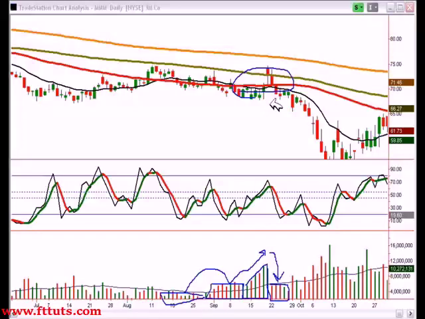And this is part of the reason why, is that there's no question in my mind that this volume increasing here would tell a lot of people, and including us, that, hey, we might break out to the upside here and get something going to the long side. That does not happen, obviously, and the 50 MA being flat is just a non-entity. It doesn't really tell you to go long, doesn't tell you to go short. And this is why we say it's usually best not to trade when the 50 MA is flat.